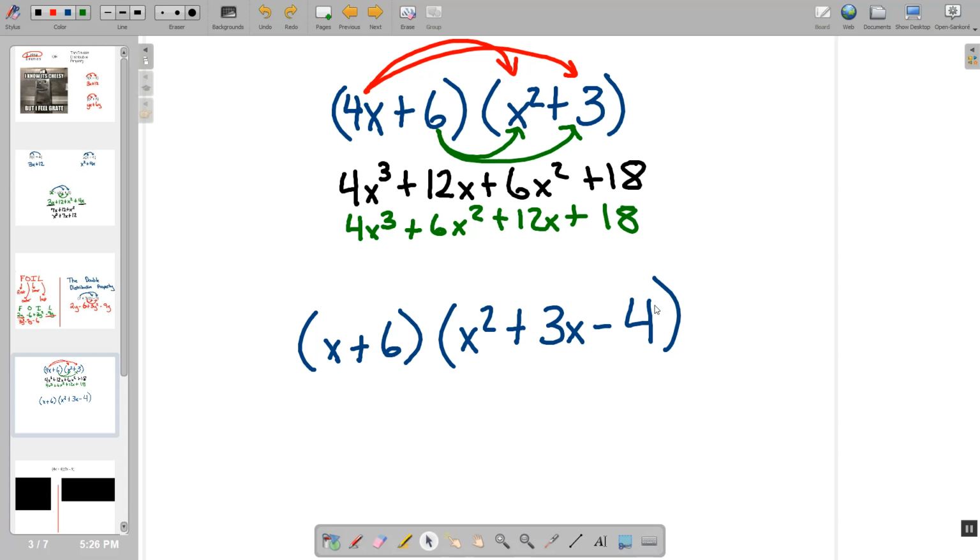Now it's not a binomial times a binomial, it's a binomial times a trinomial. First, outer, inner, last only works when you have 4 answers. But if I'm doing 2 terms times 3 terms, I should get 6 terms as my final answer, and foiling no longer works. But the double distributive property still does.